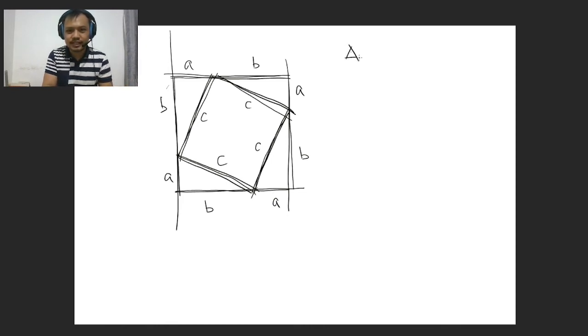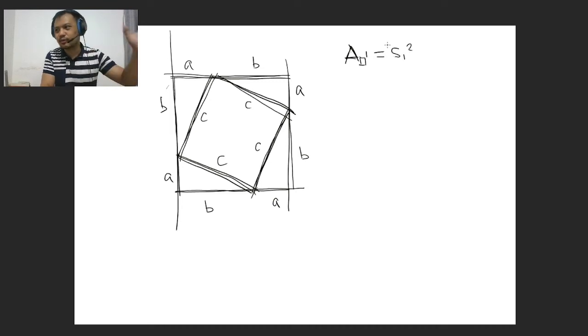So let's label the bigger square as square 1, and that is equal to s sub 1 squared. So this is a new equation. Don't mix it up with the first one. These are just variables, okay?